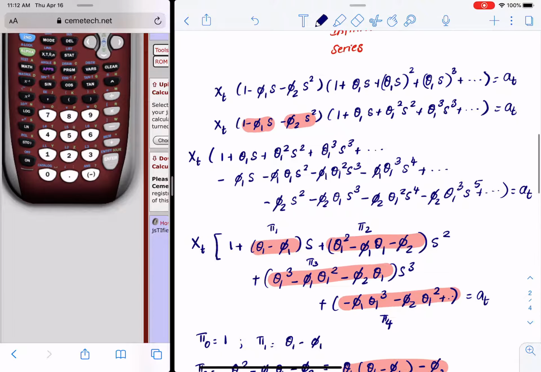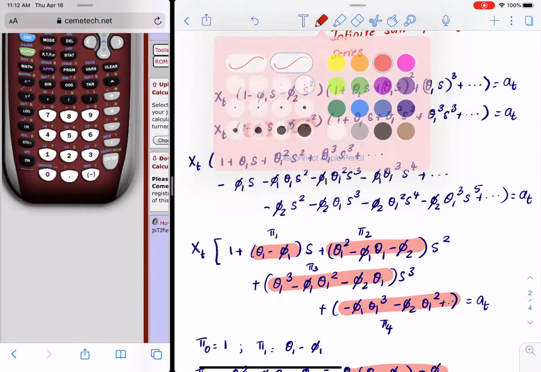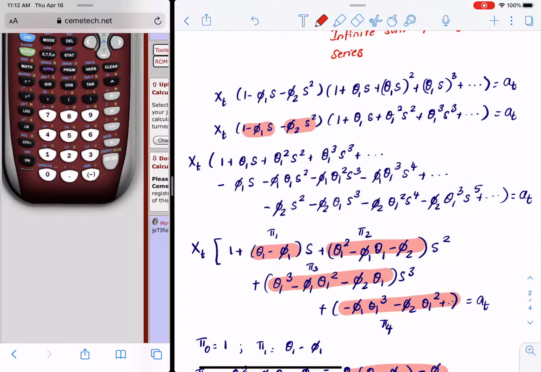and I'm just going to throw in one more term to see what happens. So I'm just going to add theta 1 raised 4, s raised 4, which would be the next term in the series.